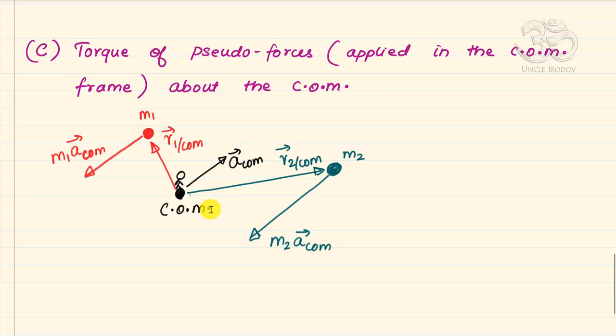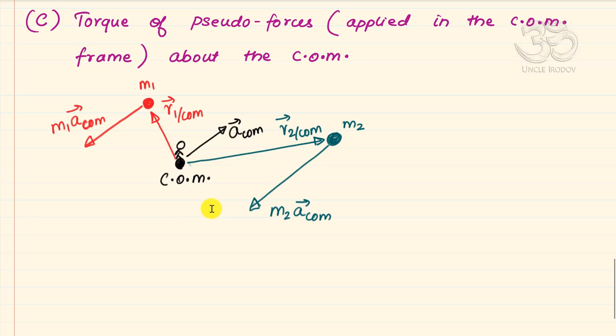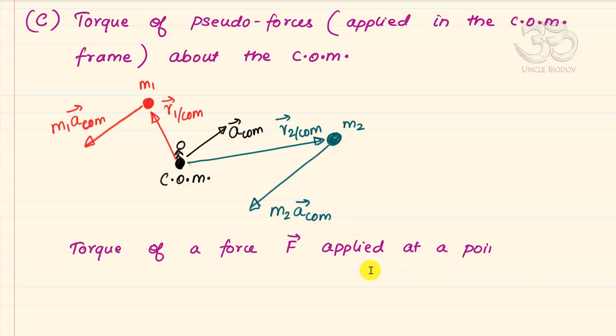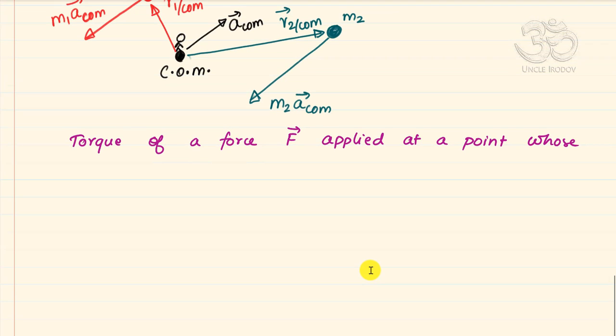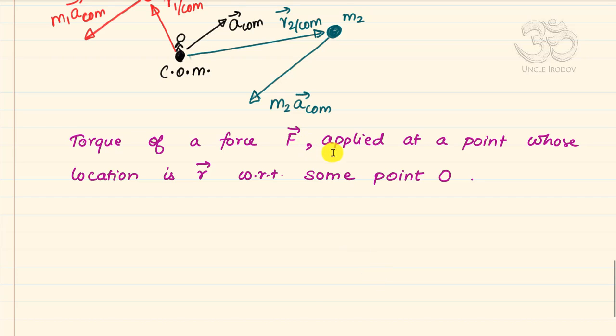Now I think we haven't learned torque formally, but I think you have a basic idea of how to find the torque of a force about a point, and that's r cross F. So if you have to find the torque of a force F applied at a point whose location is R with respect to some point O, I should put 2 commas here, one here and the other here.